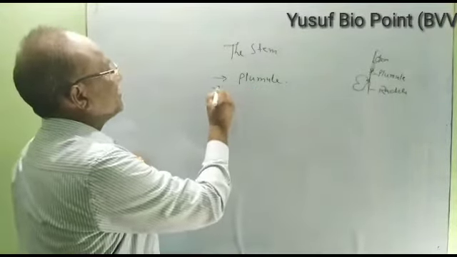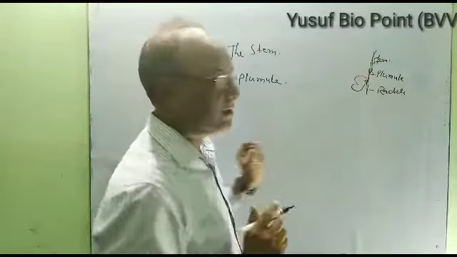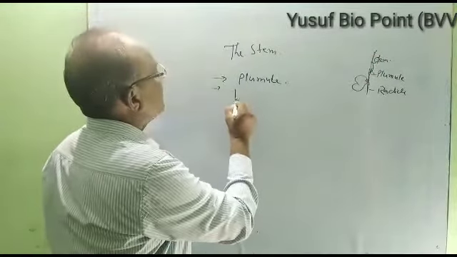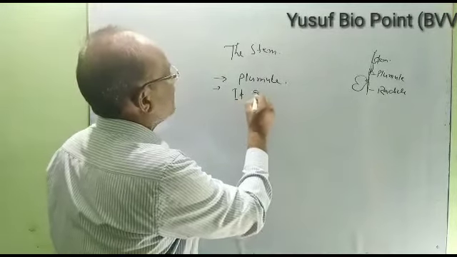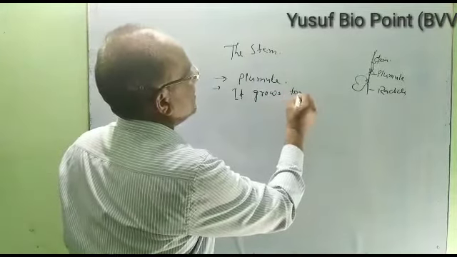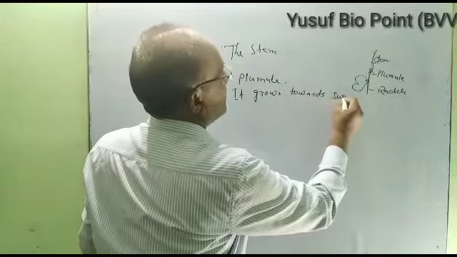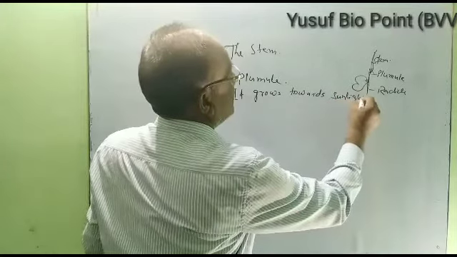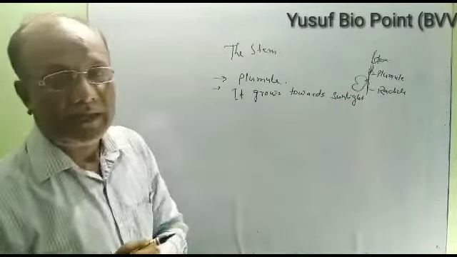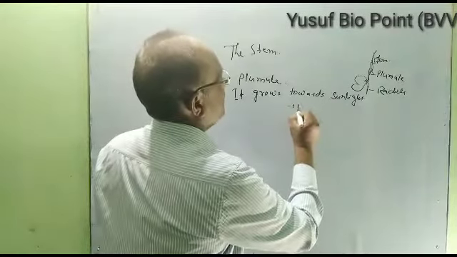Second, it goes towards the sunlight. Means it grows towards sunlight. That is, we can say that it is positive phototropism.